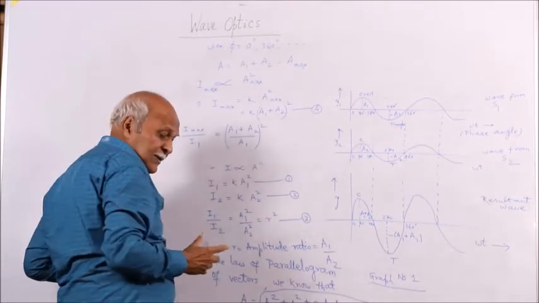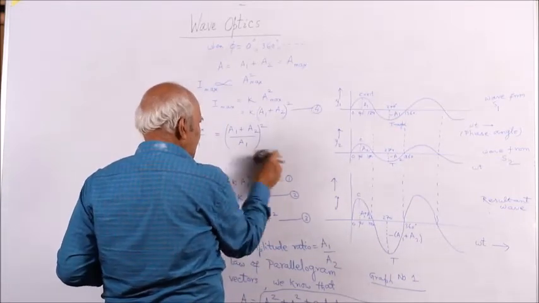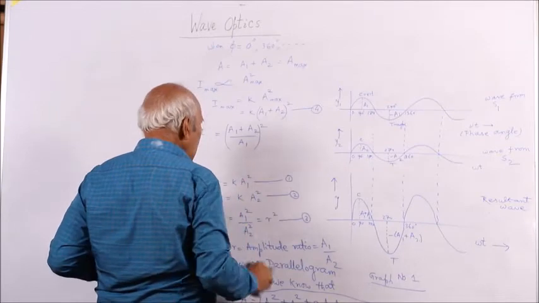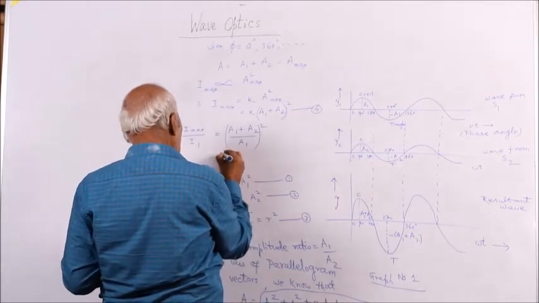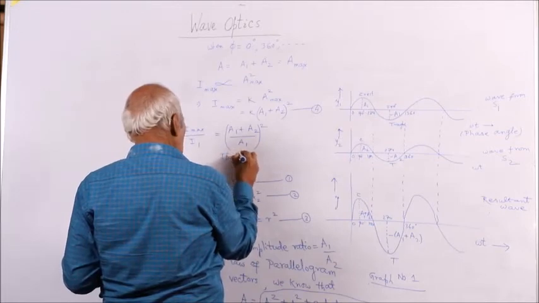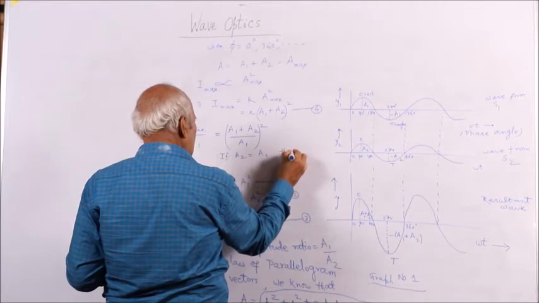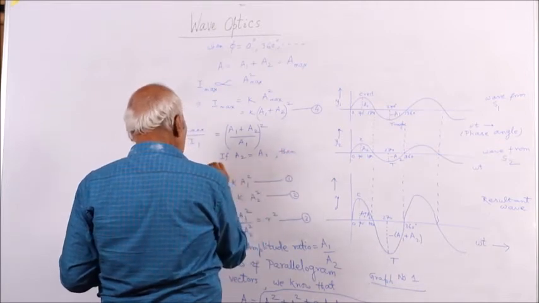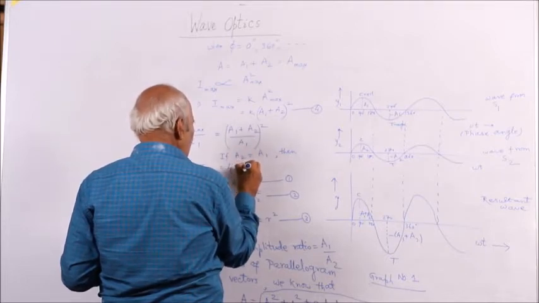Then suppose A1 and A2 are equal, then what happens? If A2 is equal to A1, then I max by I1 is equal to 4. So, I max is 4 I1.